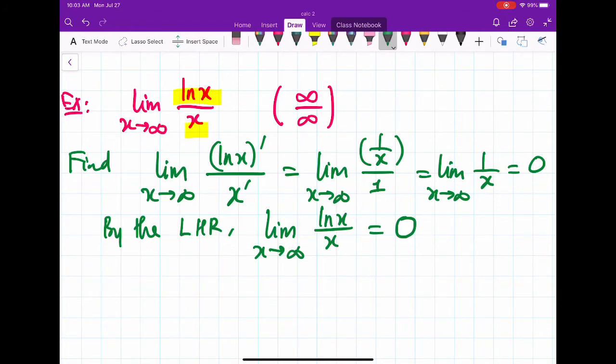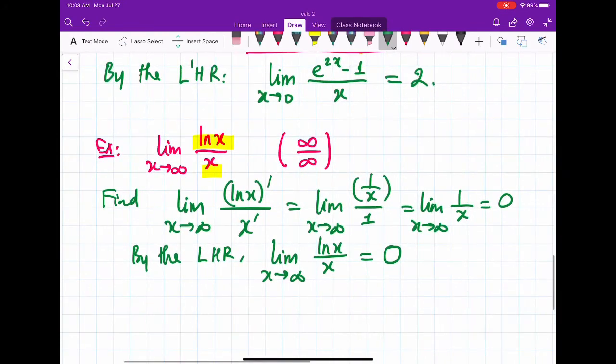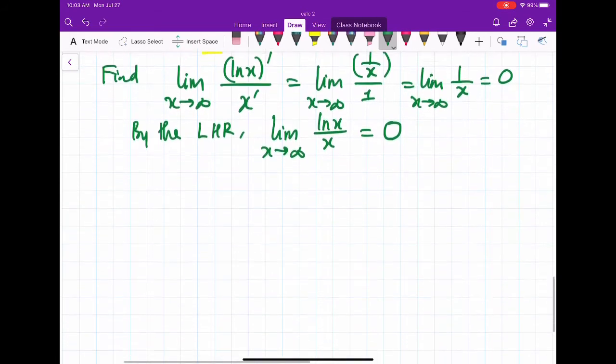Let's do one more example, or a couple more examples, and then I can summarize in the form of a comparison. We will use that comparison in the future too. But we need to consider some examples first, and we'll see.